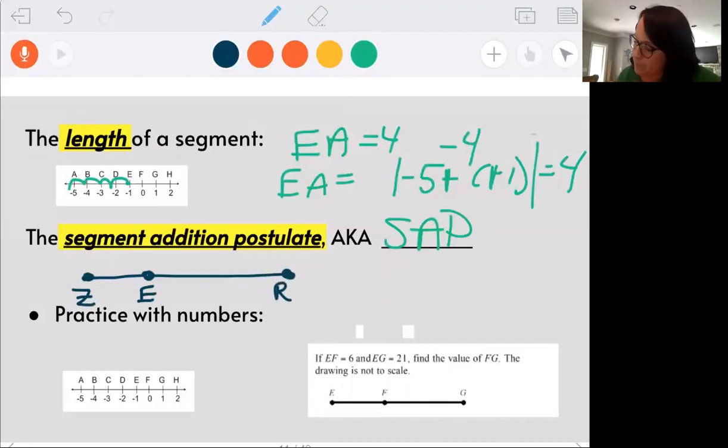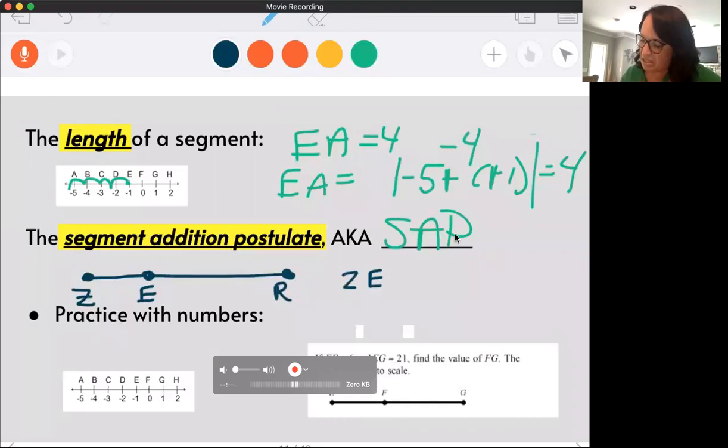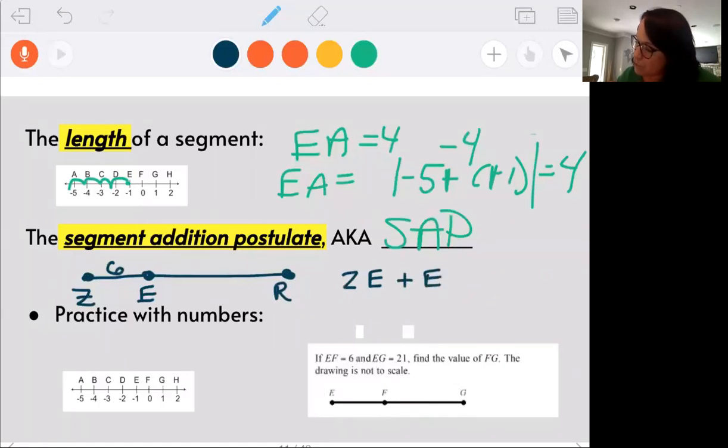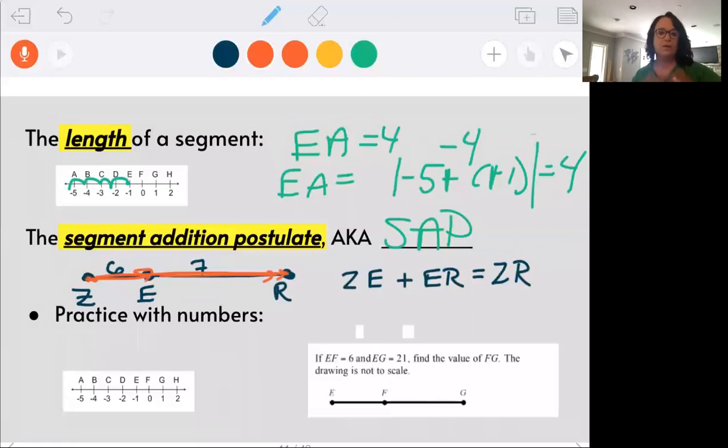It says that if you go from Zimmerman to Elk River, which is a distance of maybe 6 miles, and then you go from Elk River to Rogers, let's say 7 miles, you will get the distance from Zimmerman to Rogers. It basically just says that to get from the left to the right, you could just do 6 plus 7, and it's the whole way across.